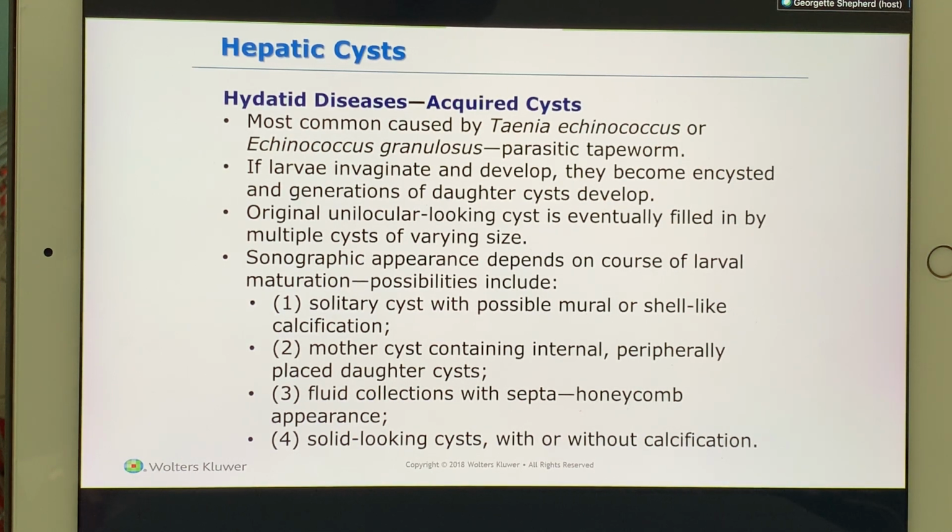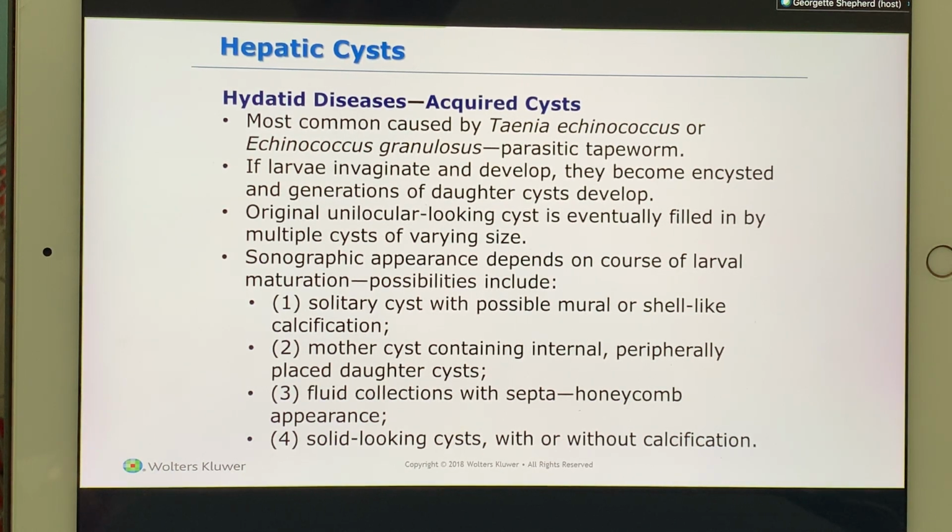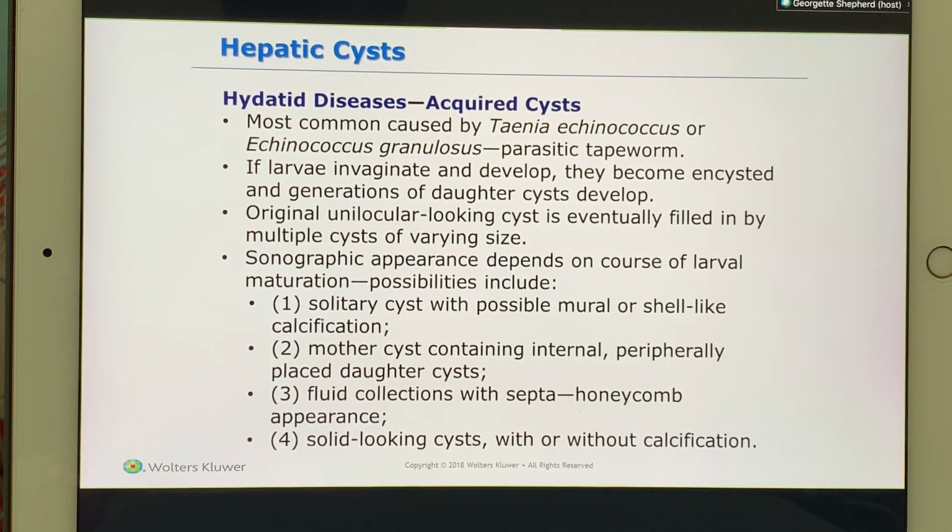Hydatiform disease is an acquired cyst because it comes from a tapeworm. So what happens with a tapeworm, you have a cyst, but then you have daughter cysts that develop within that cyst, and they can vary in size depending on the age of the larva.